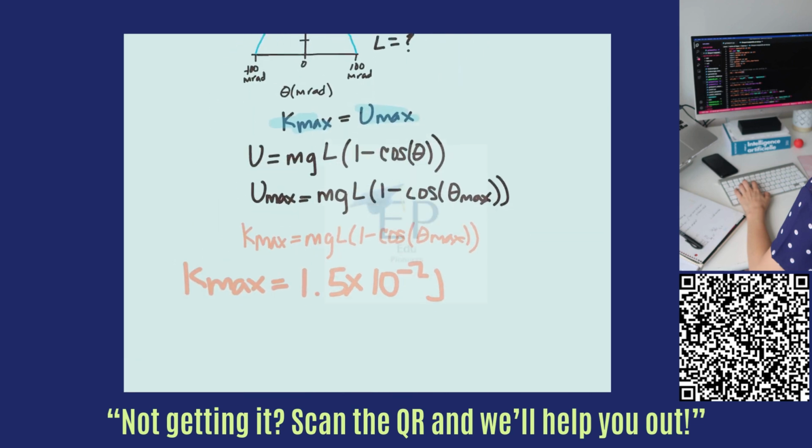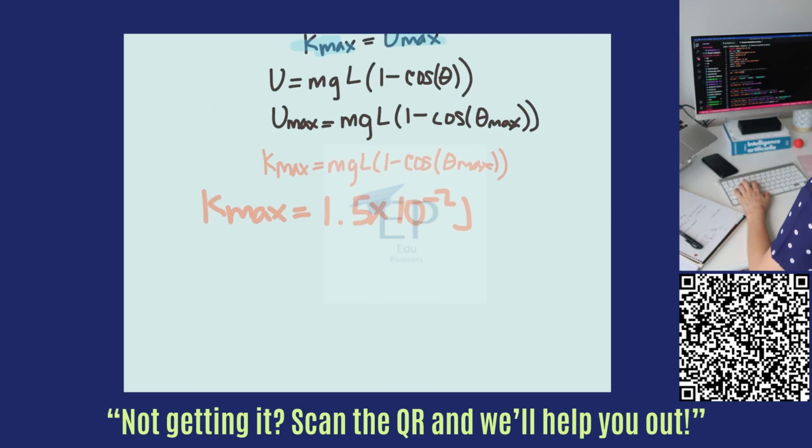So, coming back down here, we have that our K max is 1.5 times 10 to the negative 2 joules. We know the mass of our bob, we know gravity, and we know that our theta max is going to be 0.100 rads. So we can plug those values into our equation up here.